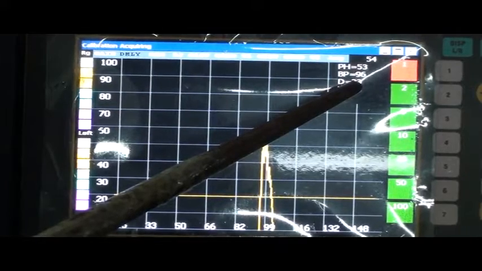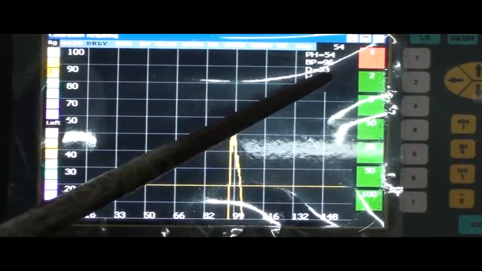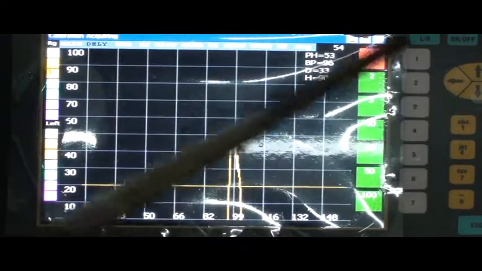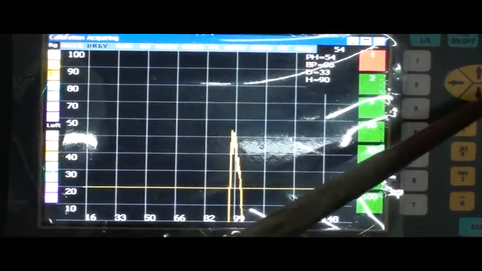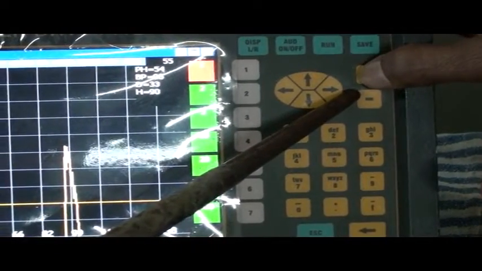So we have to make that beam path go from 96 to 100, and we will change the delay by this plus or minus.